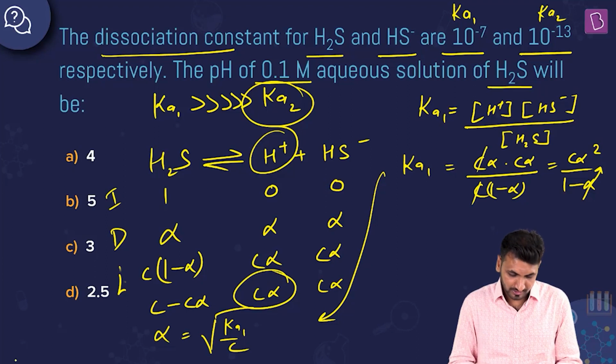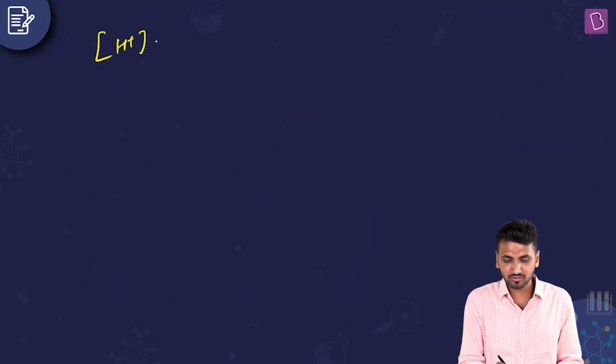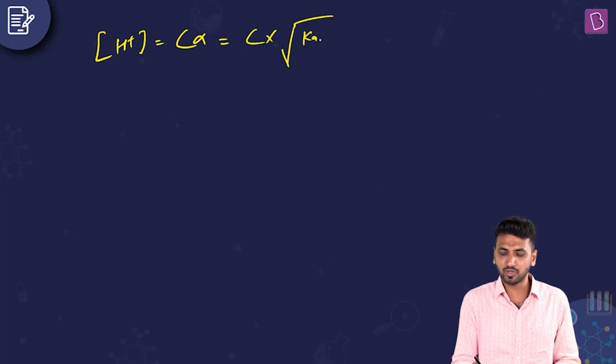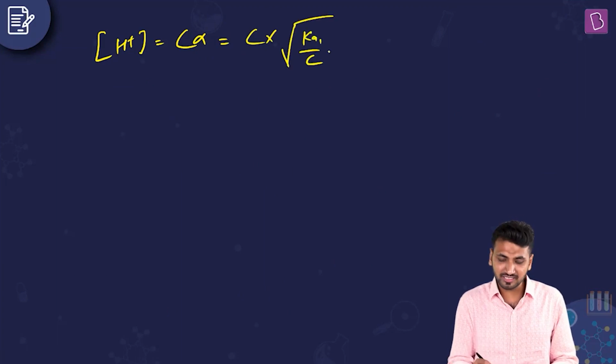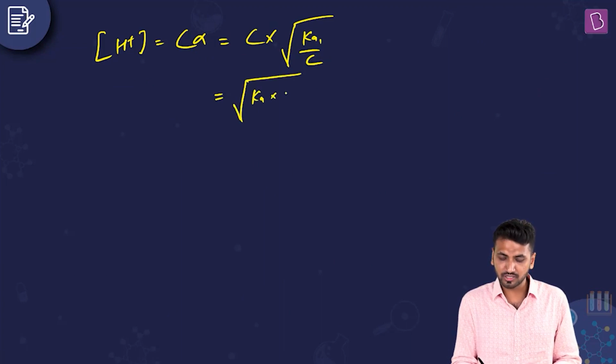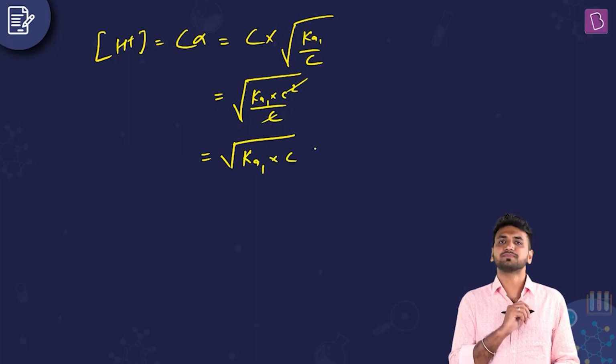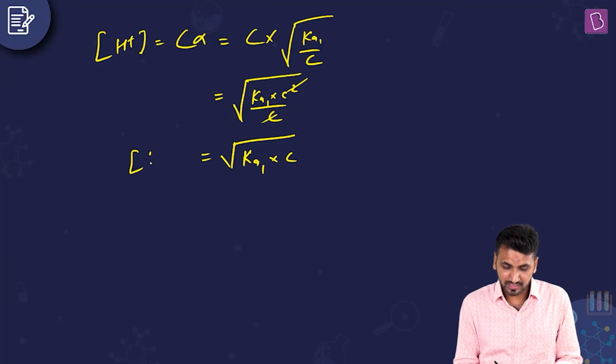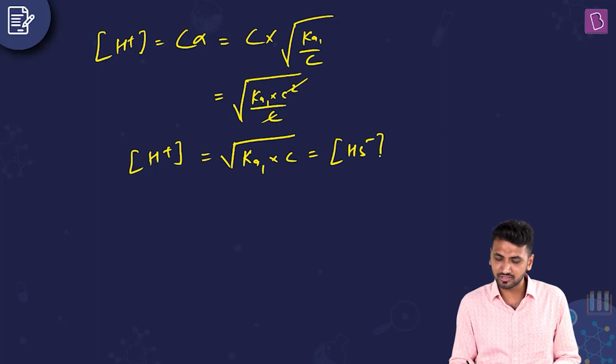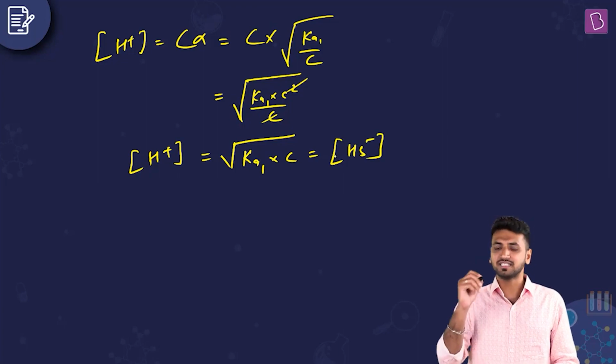So can I say that concentration of H plus, which is C alpha, will be C into under root Ka1 by C. If I multiply C and take it inside the under root, it will become Ka1 into C square by C. If I cancel it out, so my concentration of H plus from H2S is going to be under root of Ka1 into C. Okay. Now try to understand this thing that H plus concentration and HS minus concentration is same. That is C alpha, C alpha.